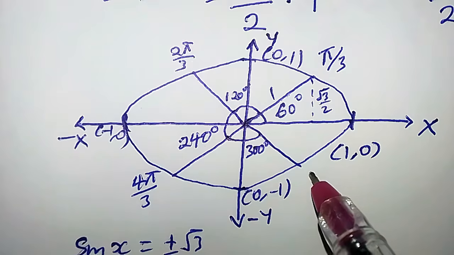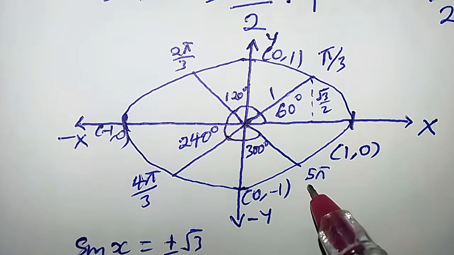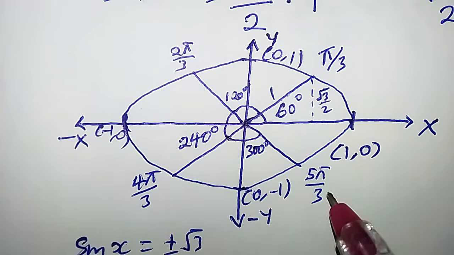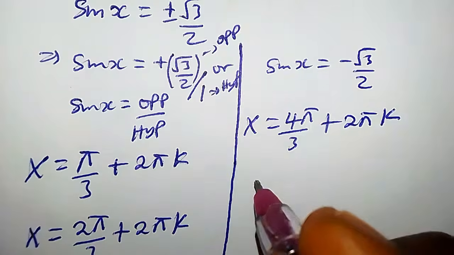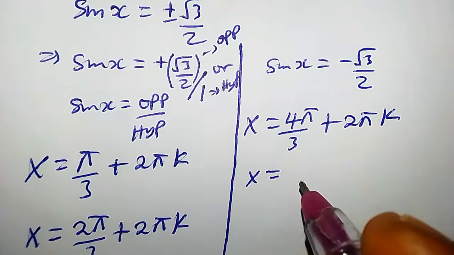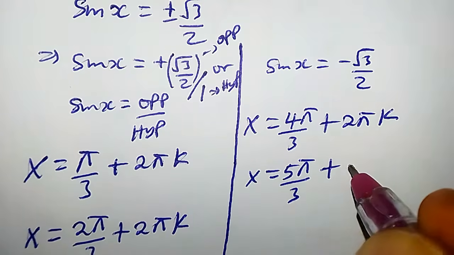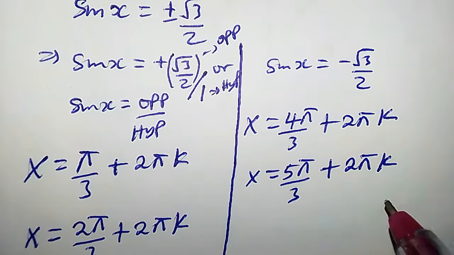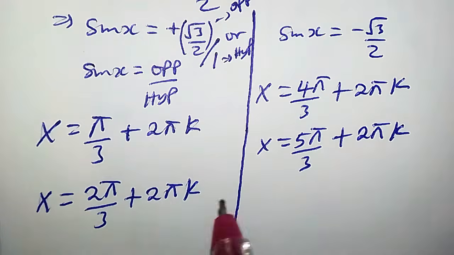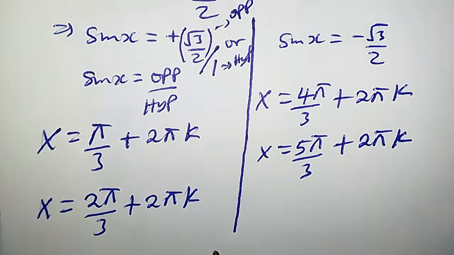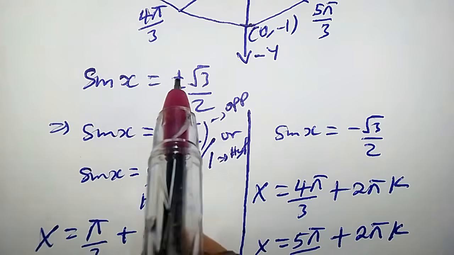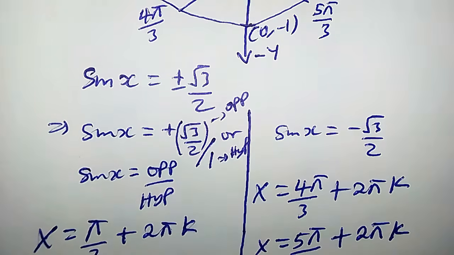That is simply 5 pi over 3. This is another value of x. So x is equal to 5 pi over 3 plus 2 pi k, k constant. These are the values of x for sin x equals plus or minus root 3 divided by 2.